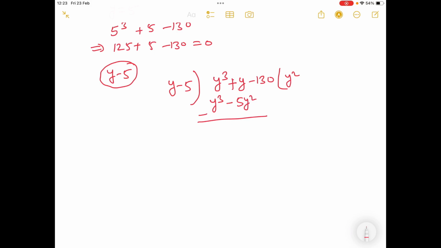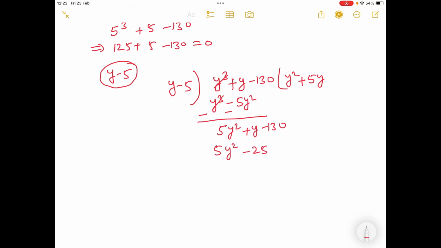If we solve it further, y cube will cancel out with y cube and it will be equal to plus 5y square plus y minus 130.